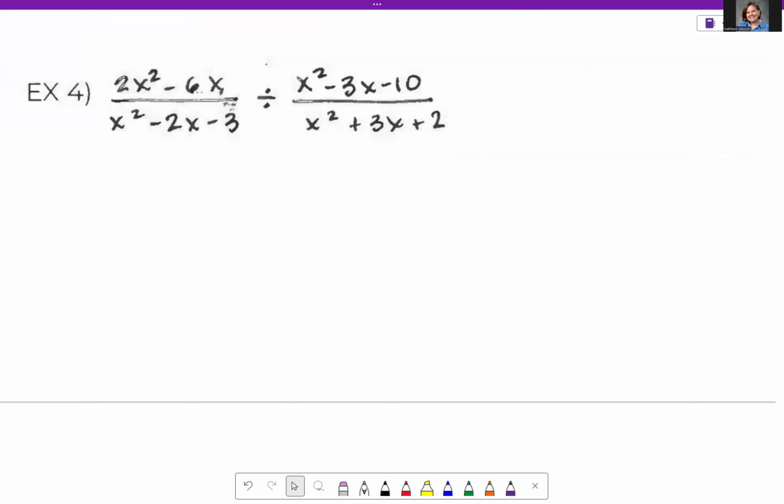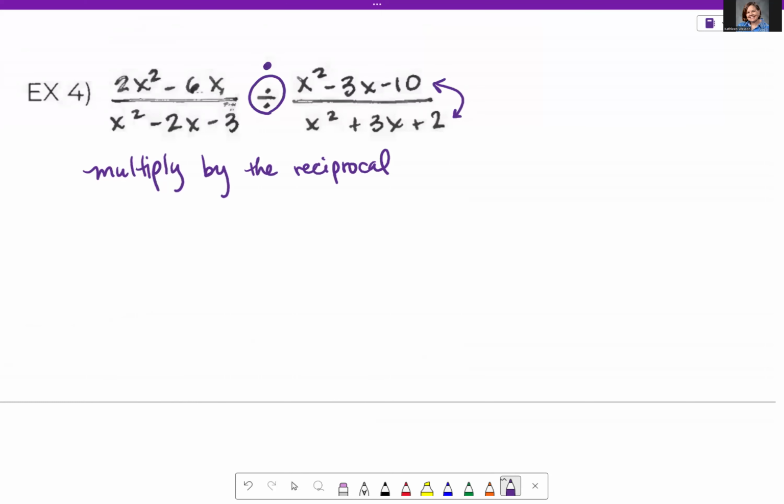But when you divide, you multiply by the reciprocal. So I'll flip the second fraction upside down, and I'll change this to multiply when I do that.